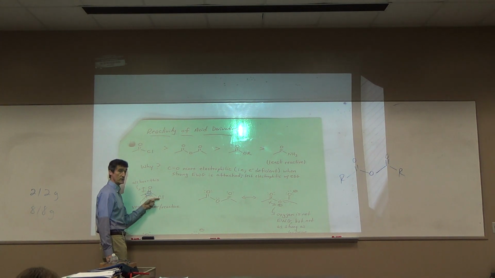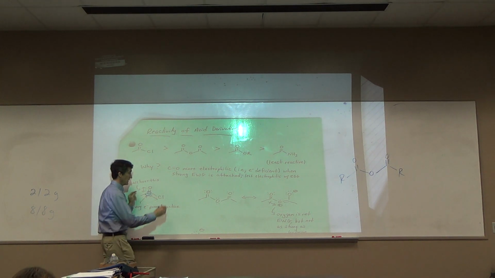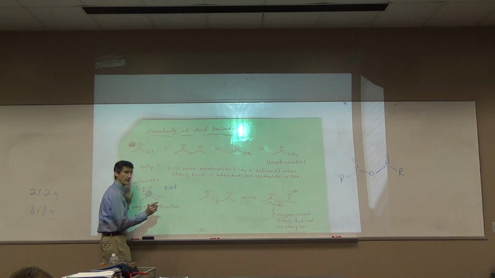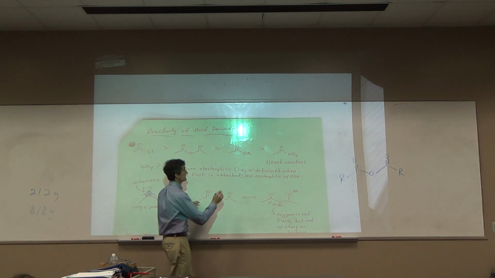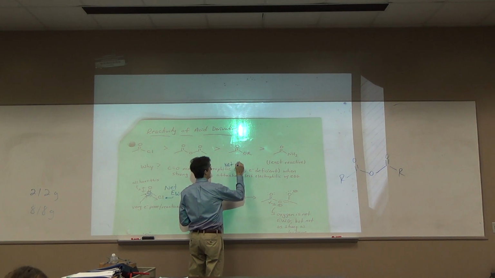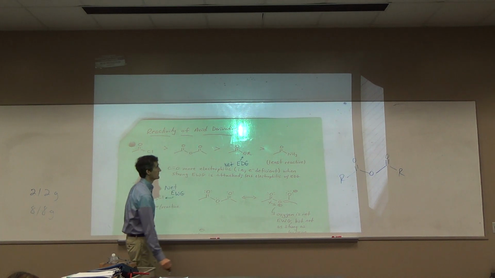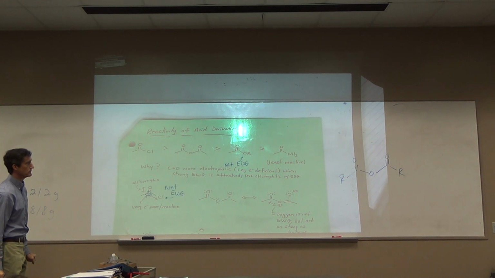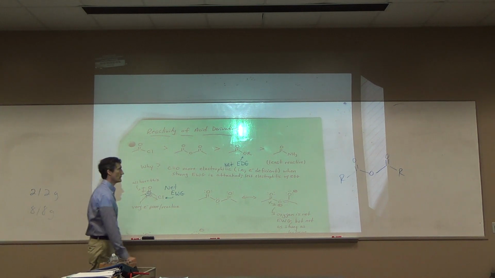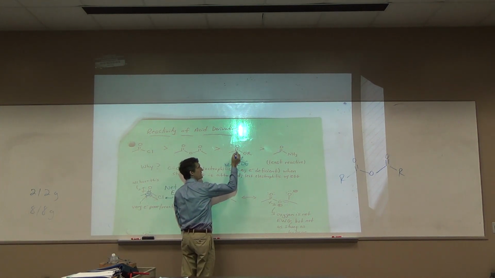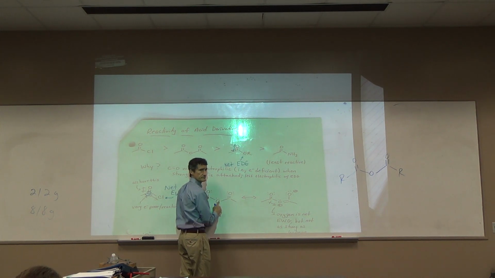Chlorine is a net withdrawer. This is the same as substituent effects for aromatics. So any partial plus that's here because of this dipole is kind of quenched by this donating.